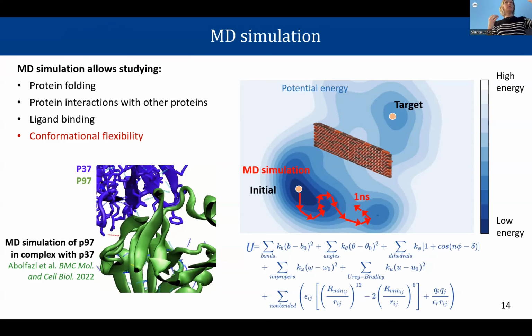So you need to go through high energy regions, because in order to change the shape they need to augment the energy. And once they change the shape, they stabilize, so they go to lower energy.